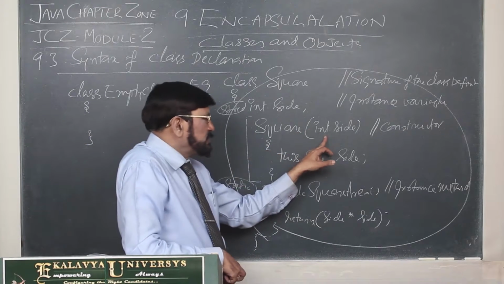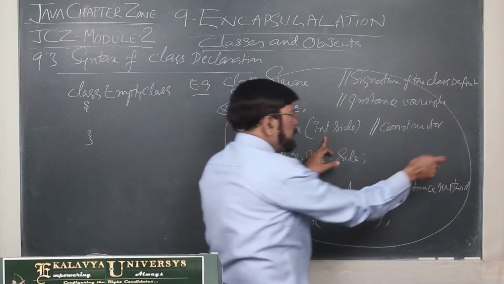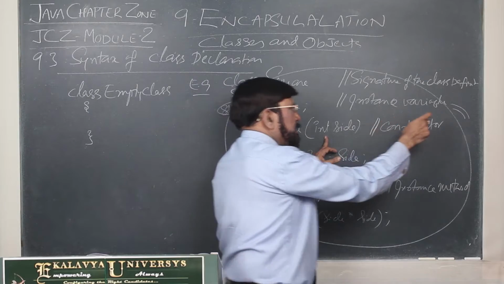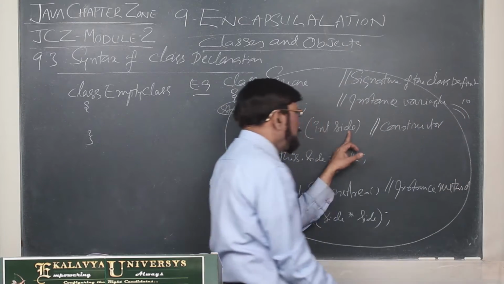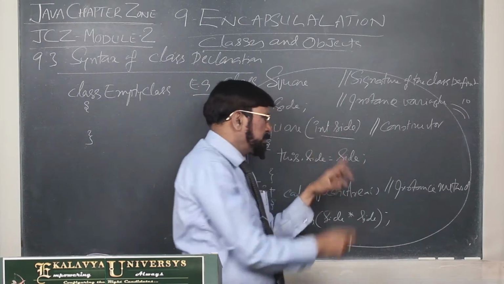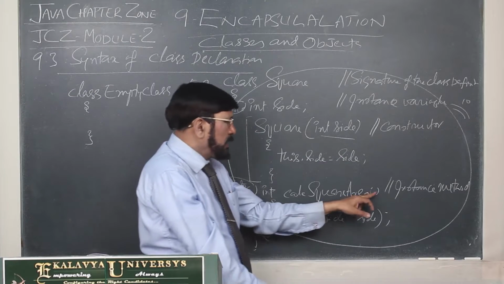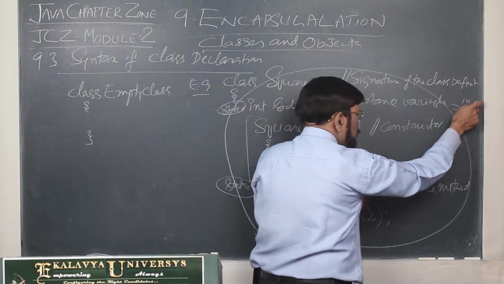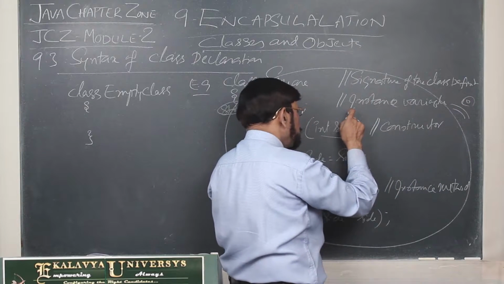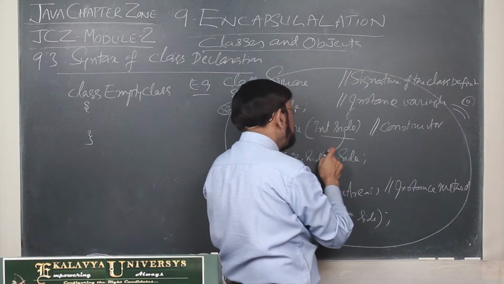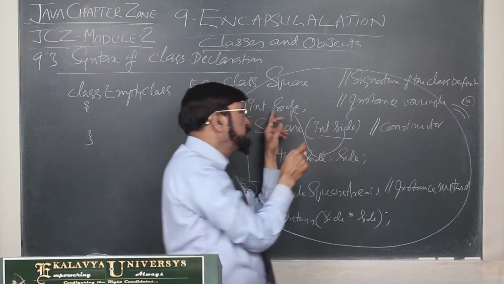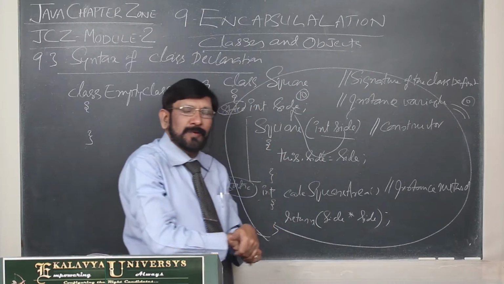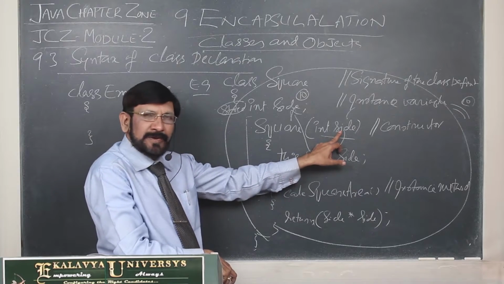So here you see, from outside we are giving a value for side, let us say 10. From outside it comes. That's why we have defined a parameter here. Once this is given, it is received from outside, it goes into this, thereafter into this. Ultimately side is initialized by 10.